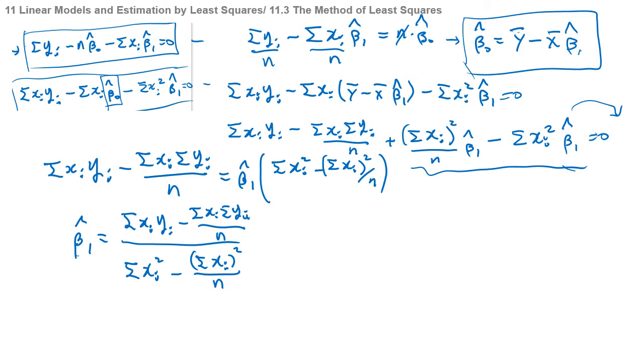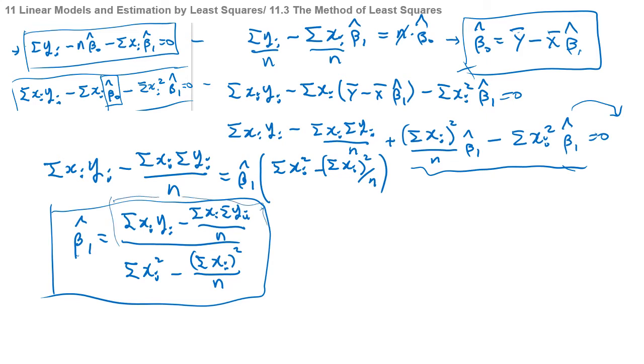Okay, so we calculated beta 1 hat and beta 0 hat, and actually we can go further. We can re-express this again. So let's write it this way. The upper part can be written as: sum of xi yi minus sum of xi sum of yi divided by n. And actually we can plus and minus this term again.